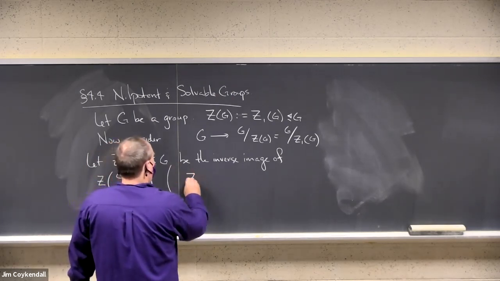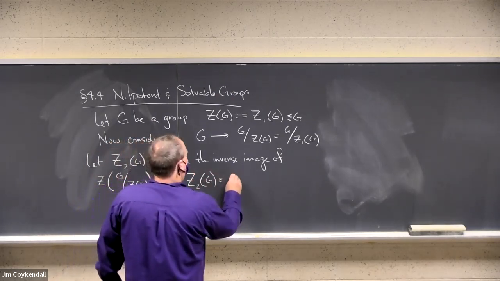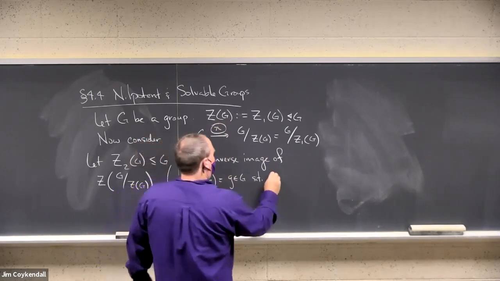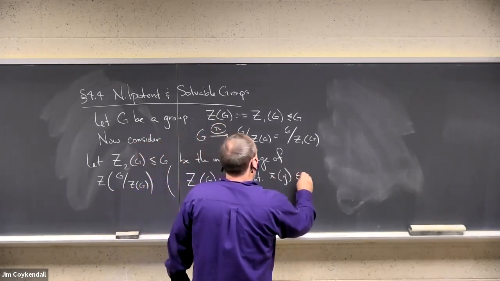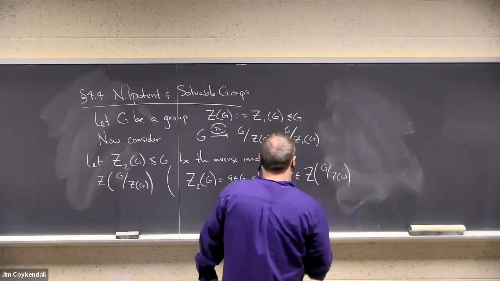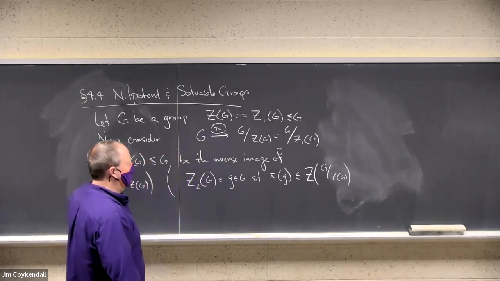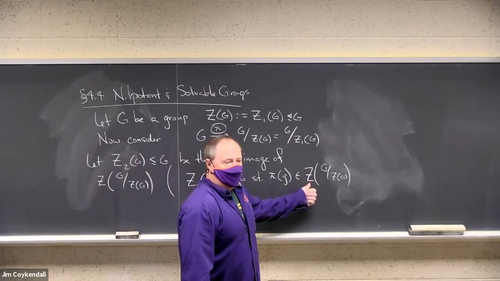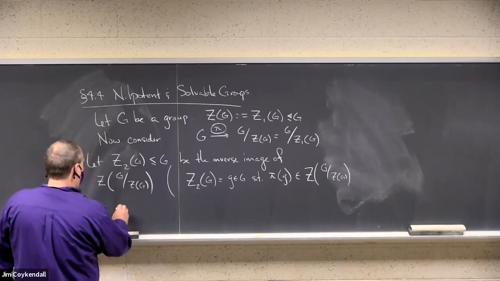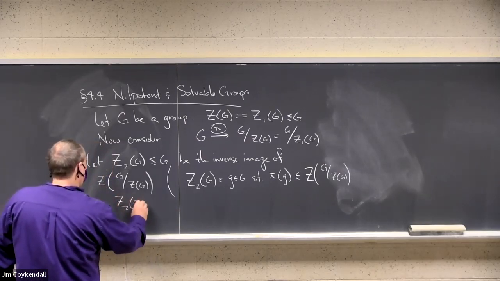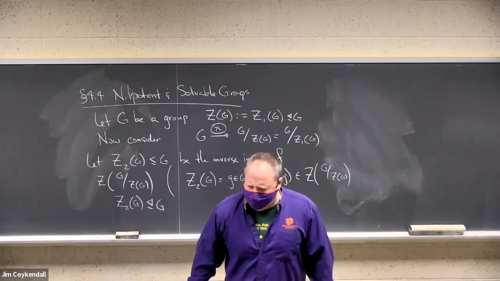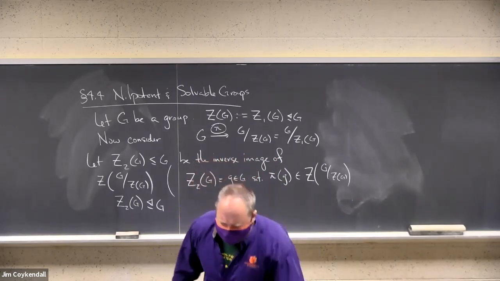That is to say, Z2(G) is the set of g in G such that, if I call this projection pi, pi(g) is in the center of G mod Z(G). Now notice that the center of this group is a normal subgroup of this group, and so its pre-image is normal. Now you might guess what we might do here.